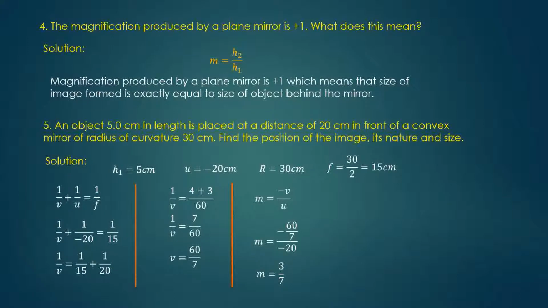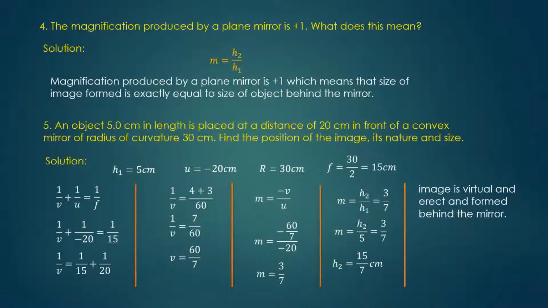So m is equal to 3 upon 7 and m is equal to h2 upon h1. So when we put the value of h1, h2 will come out to be 15 upon 7. It is positive. It means image will be formed above the principal axis. So convex mirror will form virtual and erect image behind the mirror.